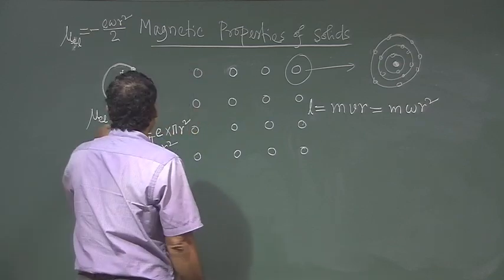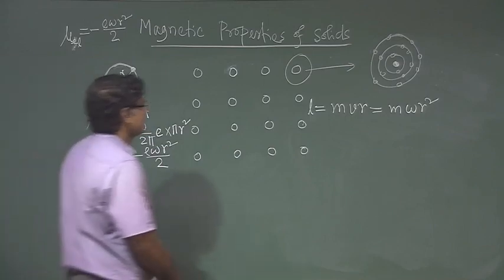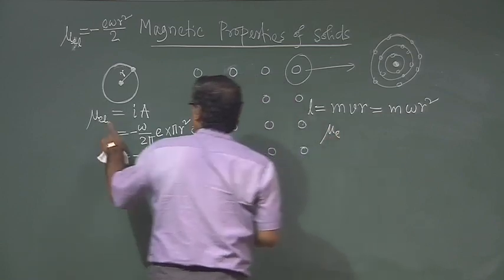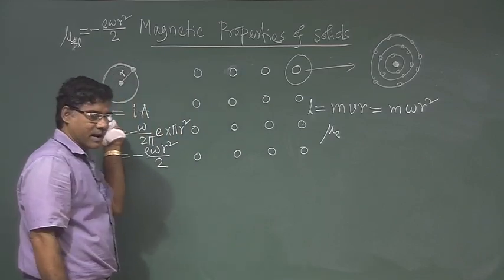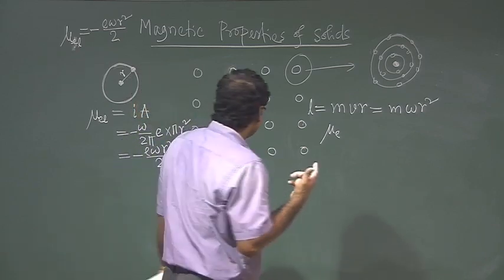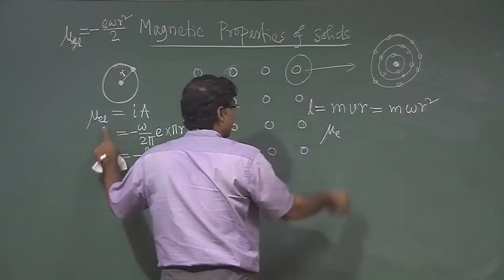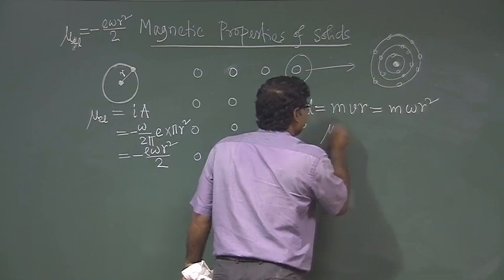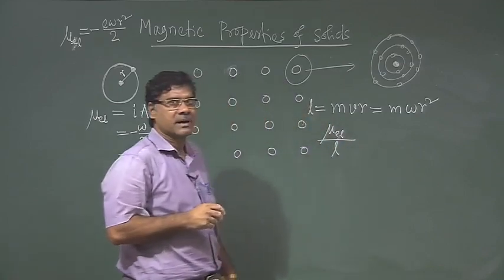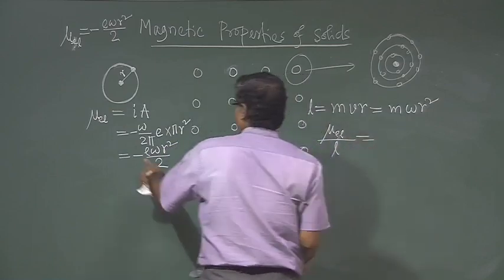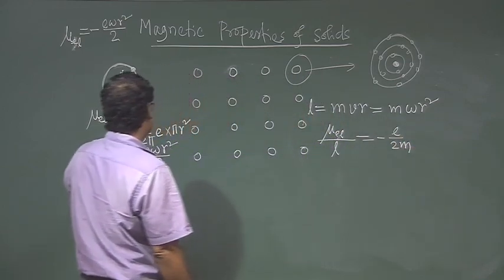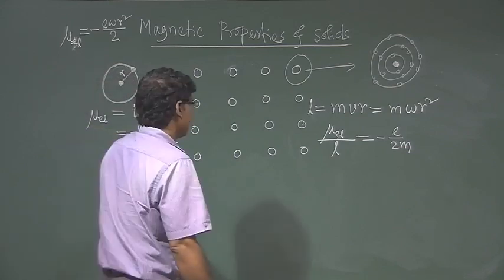If I take the ratio of the orbital magnetic moment mu L to the orbital angular momentum L, this ratio will give you minus E by 2m, right, since omega r square will cancel.